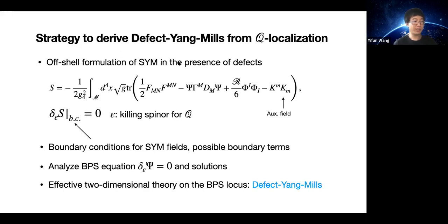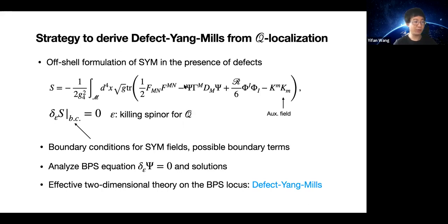The off-shell formulation of super Yang-Mills in the absence of defects is of course well known, thanks to the work of Pestun, based on previous work of Berkovits, by introducing 7 auxiliary fields and modifying the supersymmetry transformations. That ensures that this action is supersymmetric with respect to some Killing spinor epsilon representing the supercharge Q, regardless of using equations of motion or not.